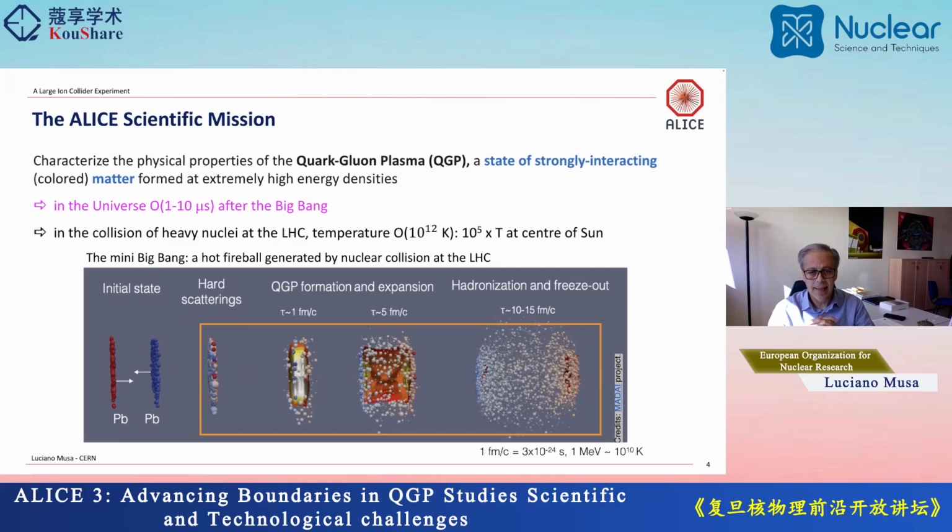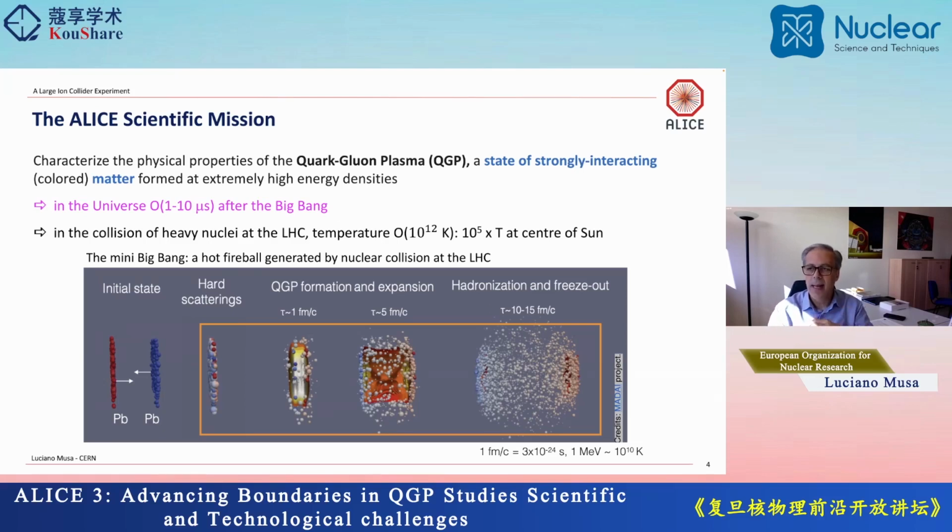So the hard scattering, the formation of a system which quickly equilibrates and expands, where particles then have a collective flow, so the system becomes more and more diluted, the temperature drops, and then we have first a chemical freeze out when hadrons form again, where the partons recombine to form hadrons.